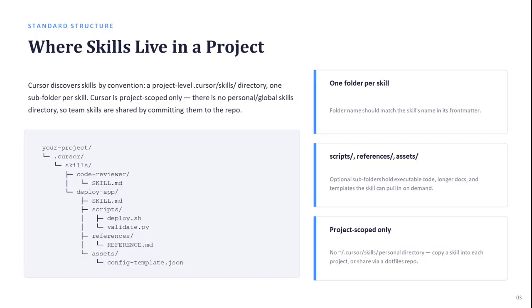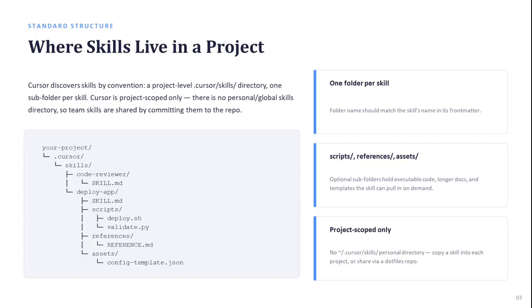Then skills, and then code-reviewer, inside it skill.md. As I mentioned, skill.md is case sensitive, so you don't need to change anything in here.